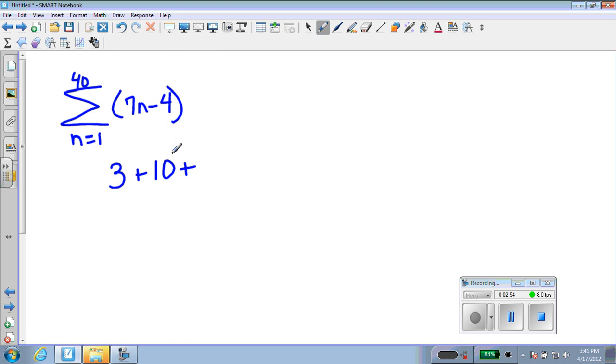And the third term is 21 minus 4, 17. And we would keep going. The 39th term is 269. And the 40th term is 276. This is an arithmetic sequence that looks linear.